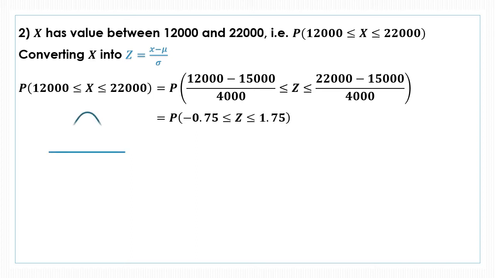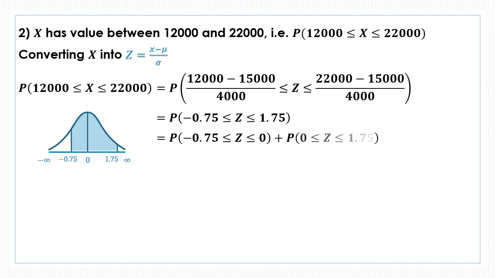From these values we can naturally draw a curve here. The values will be between negative 0.75 and 1.75, so the area we calculate is from negative 0.75 to 0 and 0 to 1.75.